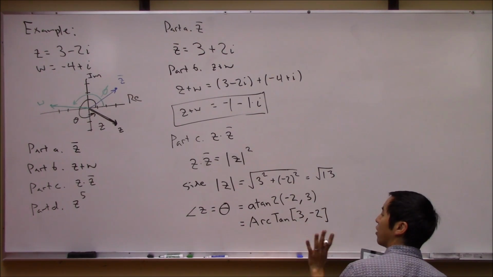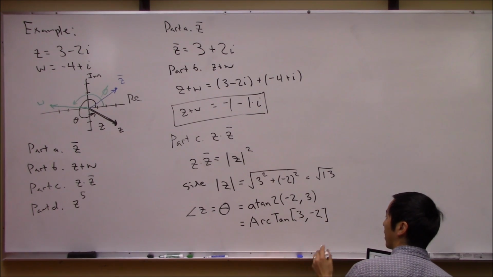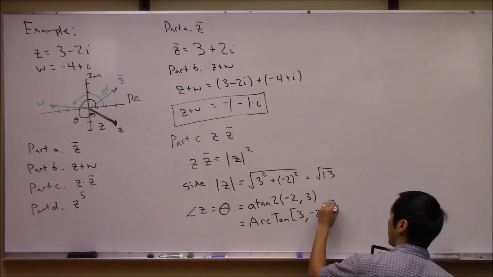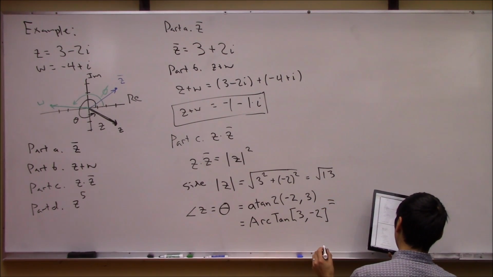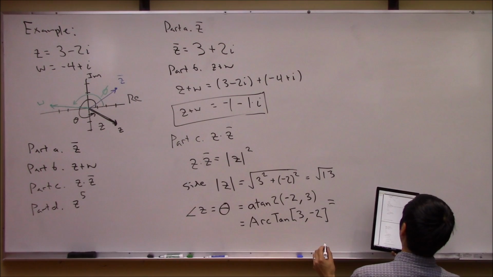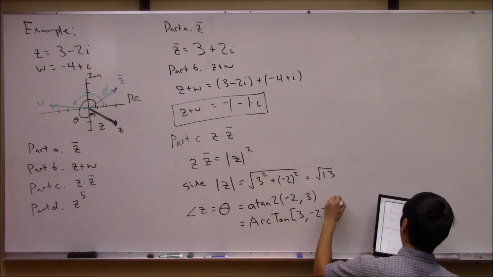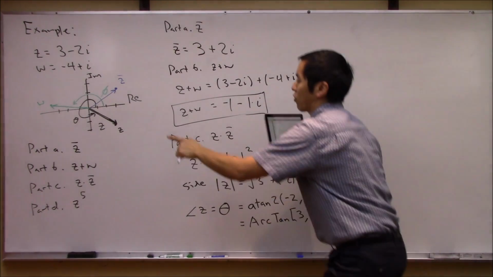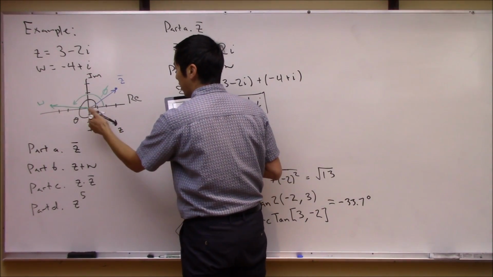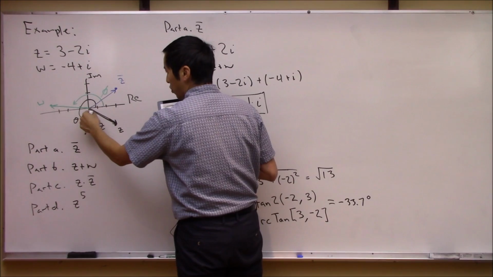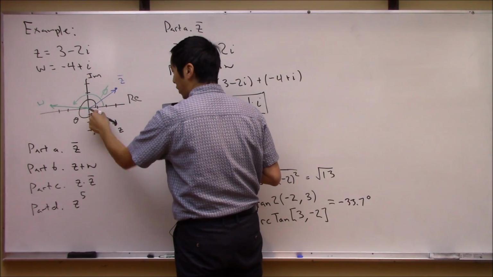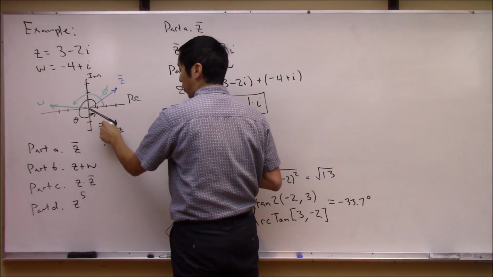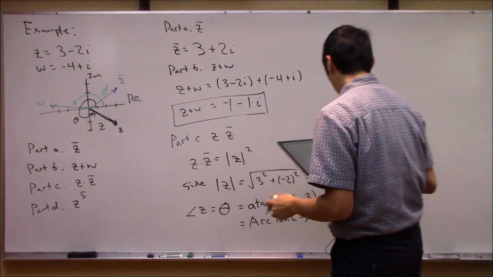So be a little careful which software package you're using and how to call it. Both of these results, once you convert to degrees, give about negative 33.7 degrees, which makes sense. If you look at this picture, the angle could either be a positive 200 some odd degrees or negative 33, and negative 33 looks about right.